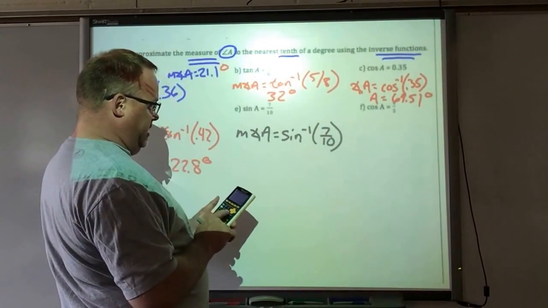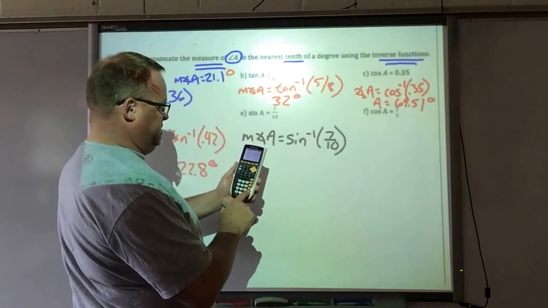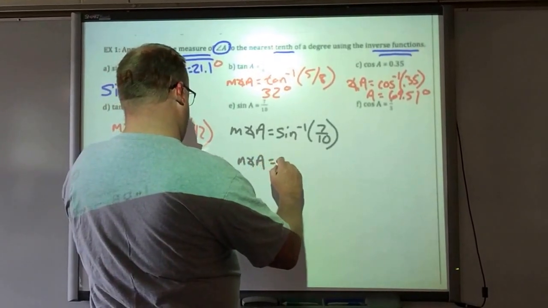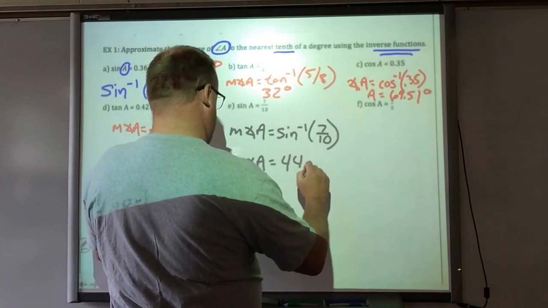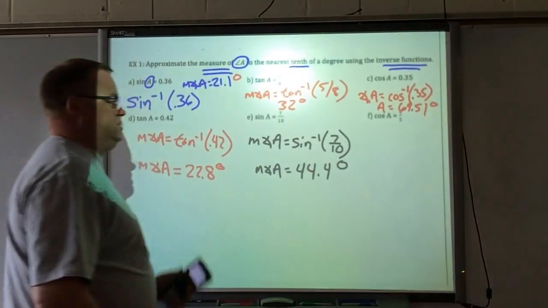Second, sine inverse of 7 divided by 10, close the parentheses. The measure of angle A is going to be 44.4 degrees.